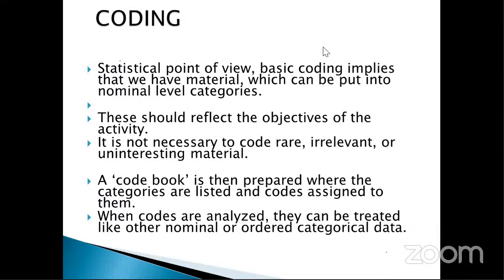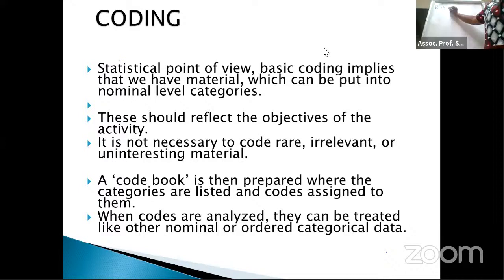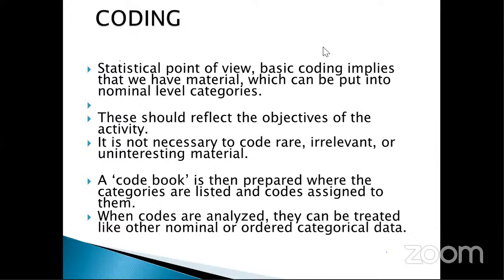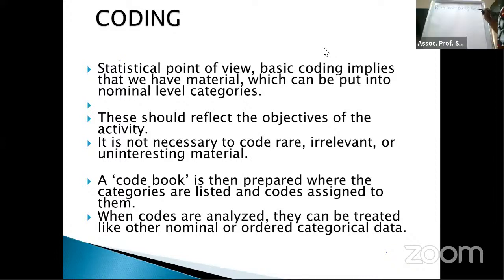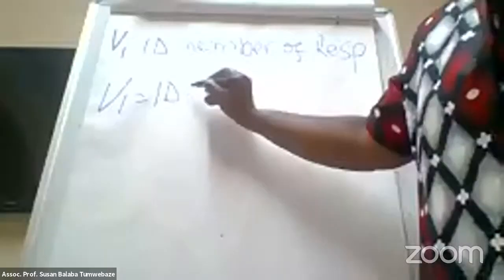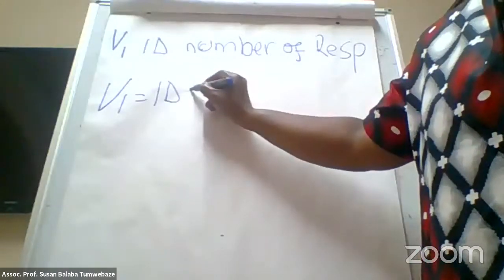Prof, I'm going to stop your screen from sharing such that the participants are able to see your whiteboard. Do you see the handwriting, or should I make it bigger? Let me go down.